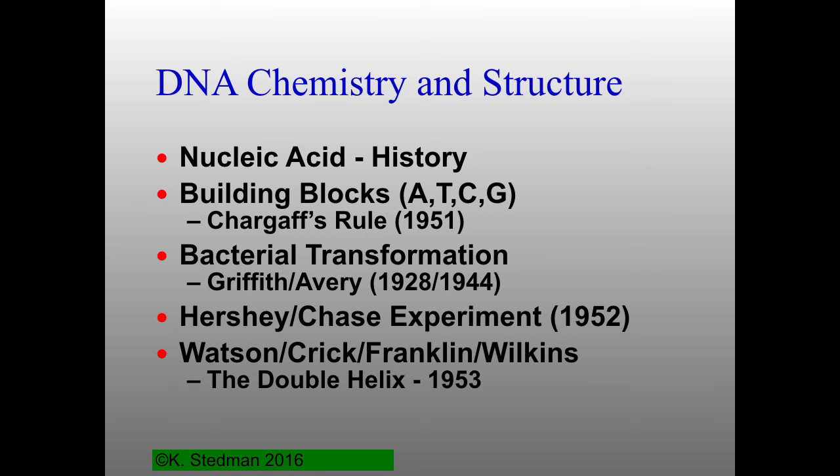And then, of course, Watson, Crick. Everyone talks about Watson and Crick. Few people talk about Franklin, and even fewer people talk about Wilkins, even though he also got the Nobel Prize. So it was really all four of these people who were most important in terms of coming up with the model for DNA.